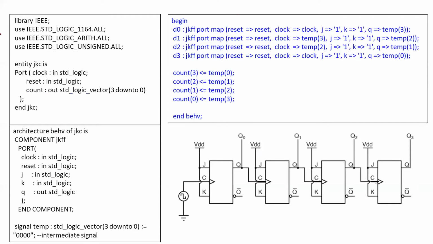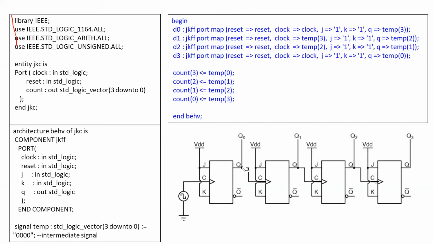You can see over here, this is again a library segment, and then I have defined the name of the entity as JKC, with clock and reset as input ports, and C out as the output.